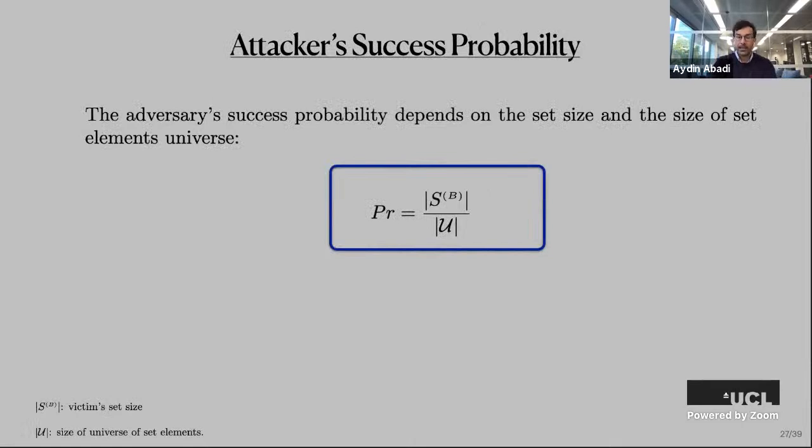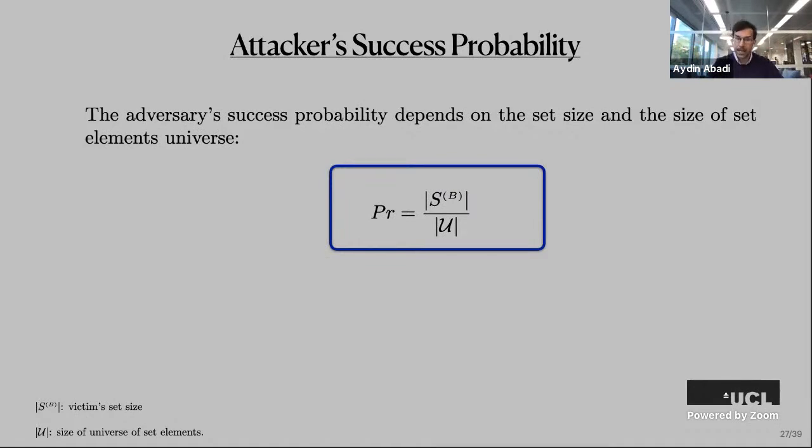The probability that this attack succeeds depends on the honest party's set cardinality and the size of the universe over which all the elements are defined.